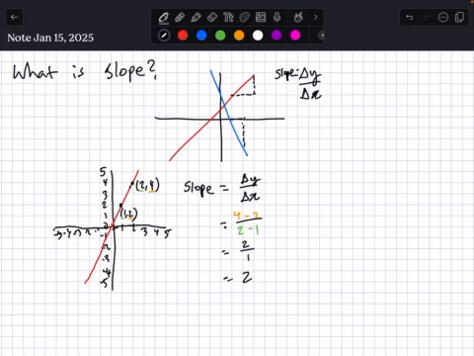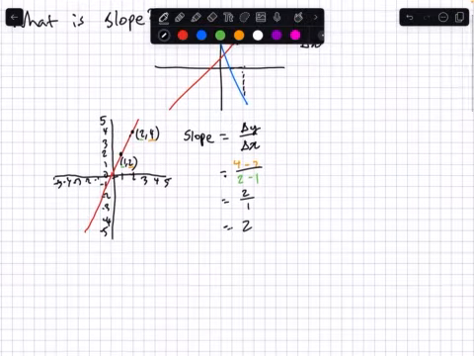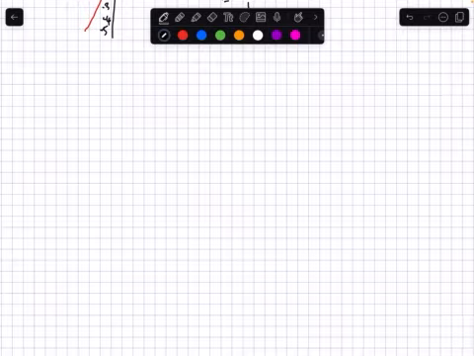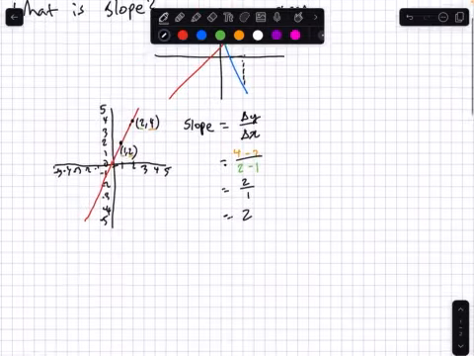And I think that is, oh yeah, also we want to talk about graphing. Given a point and a slope, it's important to know how to graph an equation.